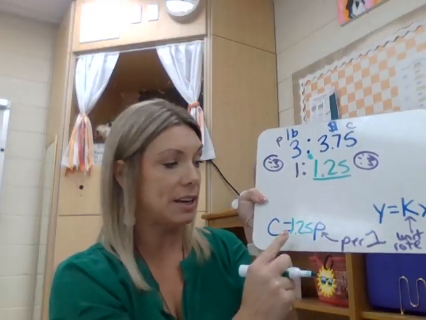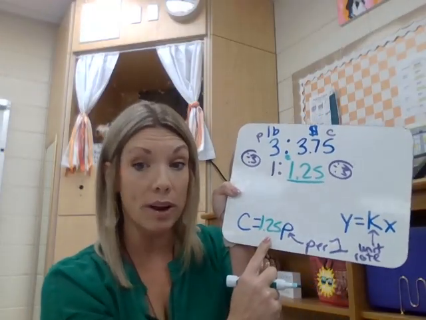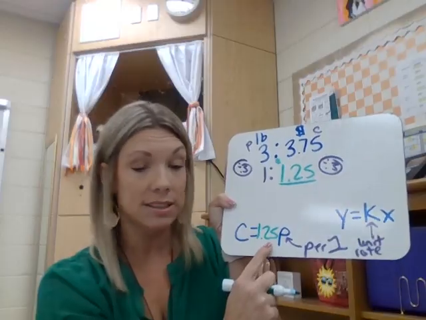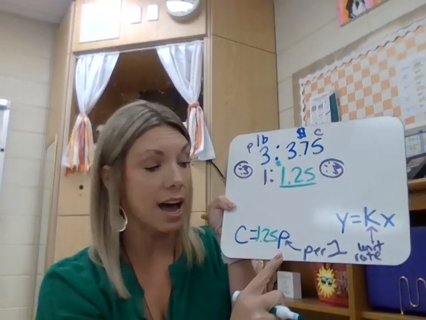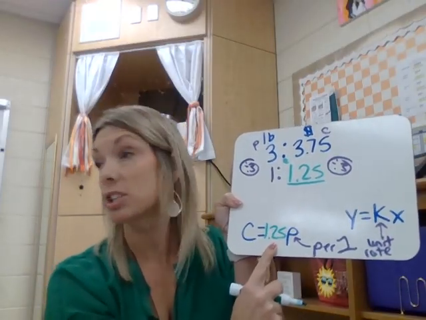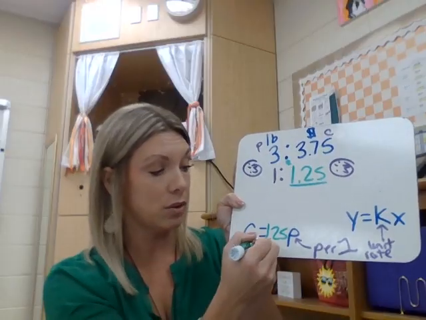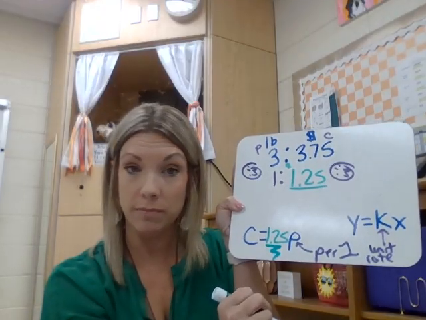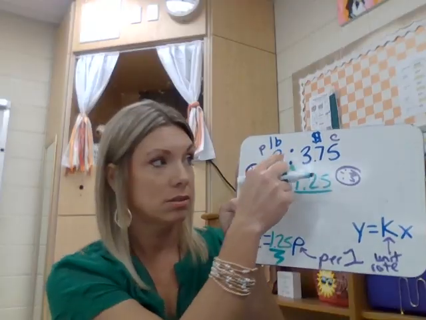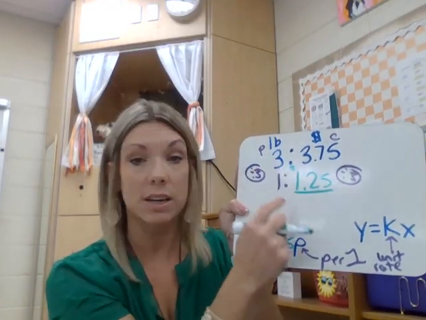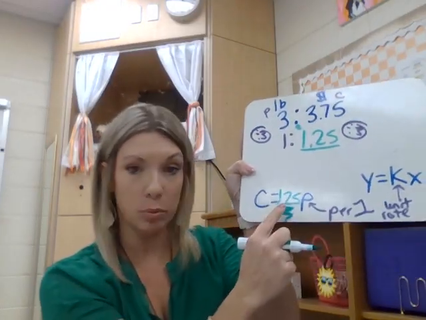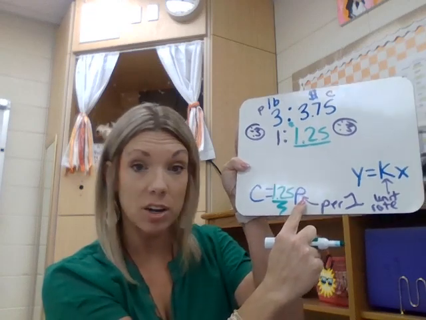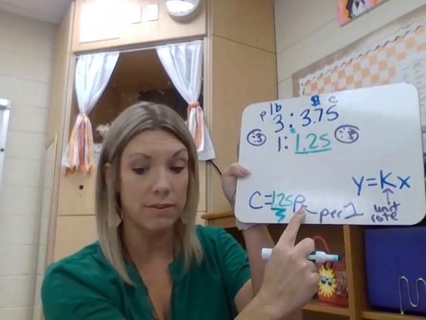So make sure you get it down to 1. This right here is always your unit rate, always your constant of proportionality. Don't forget that. If it says, what's your constant of proportionality on this equation, you'll know that it's this right here. Okay? Make sure you remember: ratio, categories, get it down to 1. Constant of proportionality goes here. This variable always represents per 1 of something. Okay?